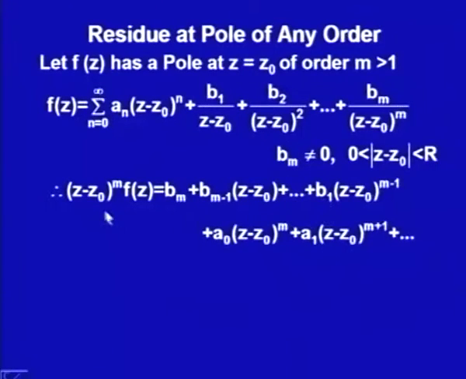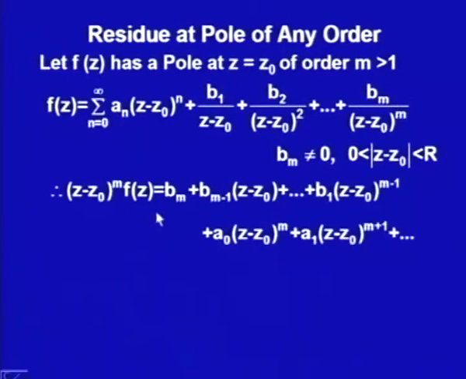But what do we want actually? We want the residue. Residue is b1. In this one, the residue is the coefficient of (z - z0)^(m-1). So, here I cannot go with the simple method, that is taking the limit as z approaches z0, because I want b1.